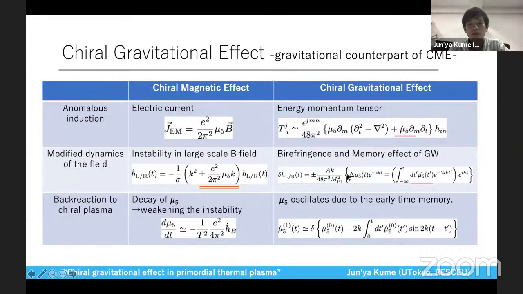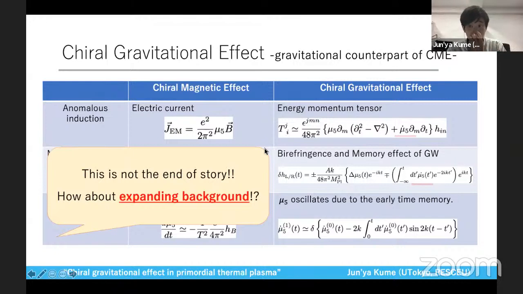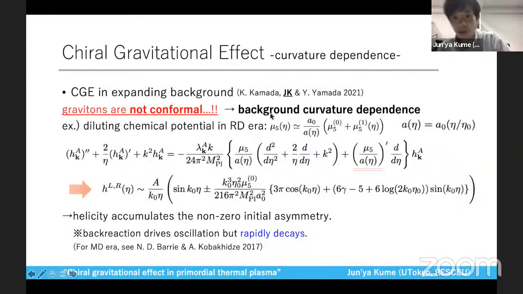Now you can see this table with this correspondence. But let me make a comment. This is not the end of the story, because in the case of gravitational effect, the background curvature comes into play. For CME, fermions and gauge fields are conformal, so you can drop out the scale factor by field redefinition.